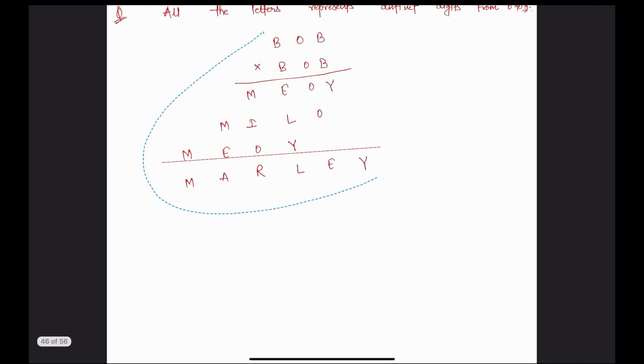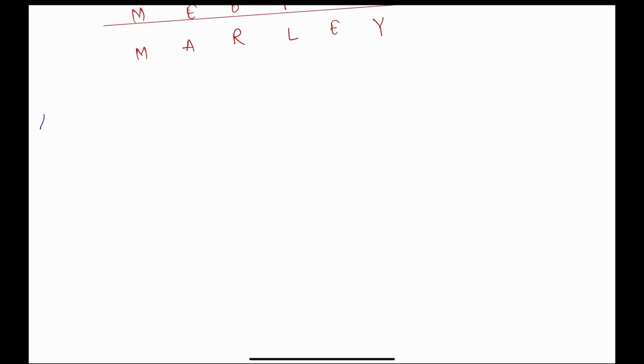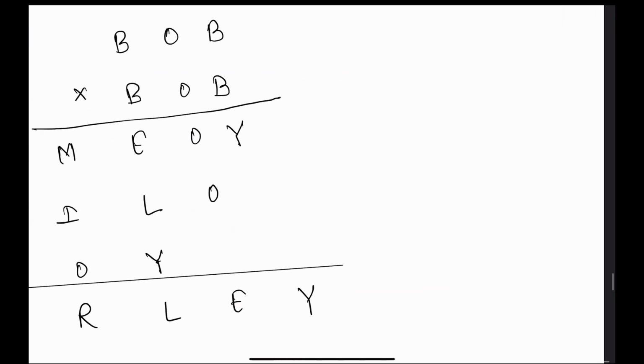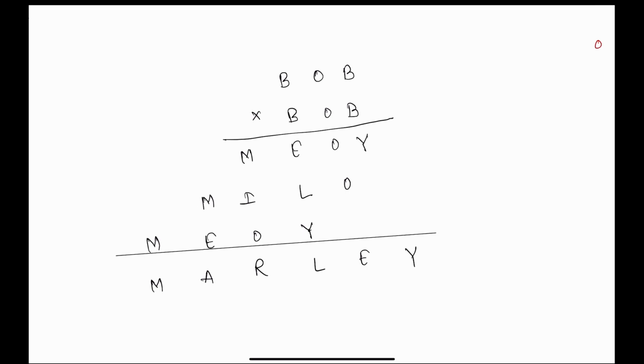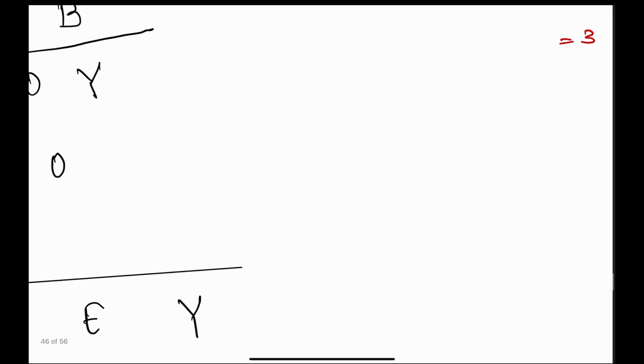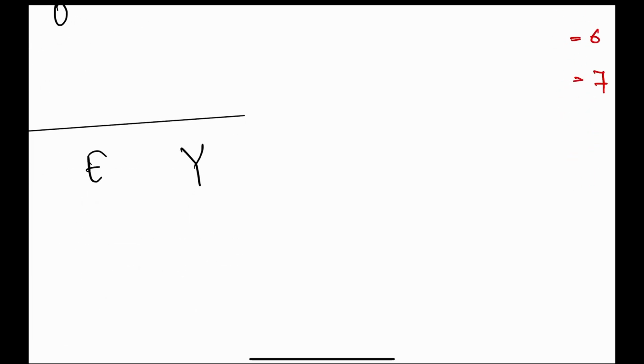So again, first things first, let's copy the solution, paste it here, and change the color to black. Then on the side, let's write all the distinct numbers so that it's easy for us: 0, 1, 2, 3, 4, 5, 6, 7, 8, 9.